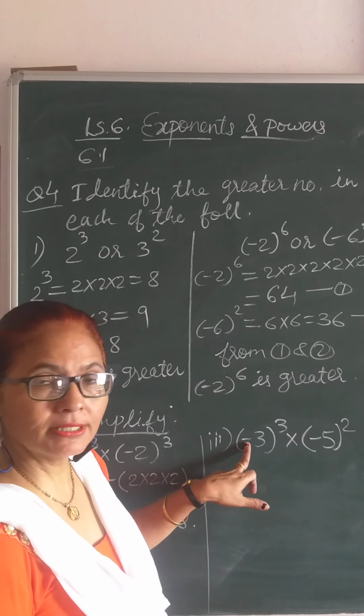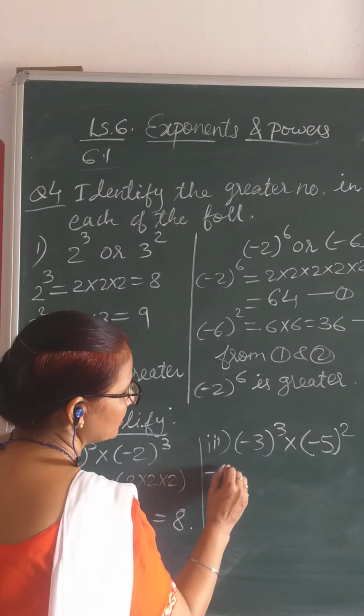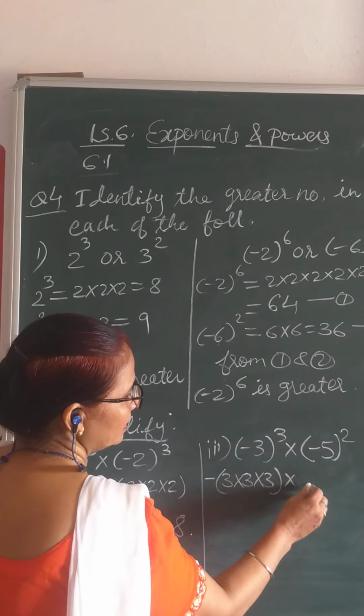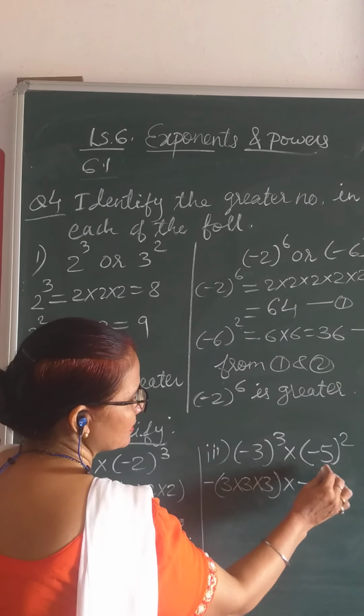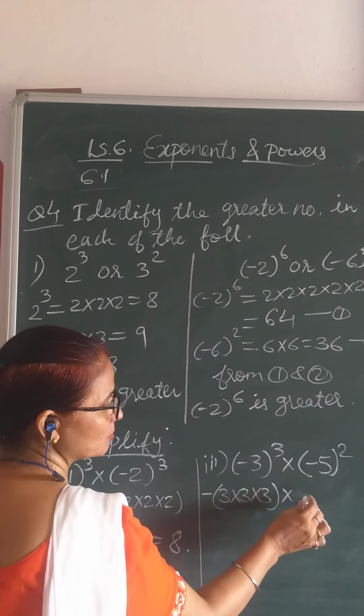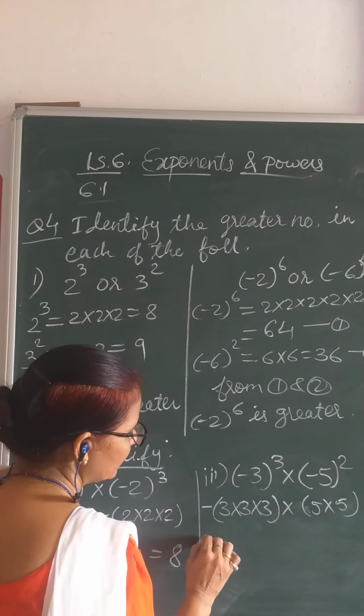Okay. Now let's see this example. Again here the minus sign is there and the power is odd, so the answer will be negative for this. And again you will multiply 3 three times. Here again minus, why? Here see the power is even, so this becomes positive, and just write 5 into 5. Now let's simplify.